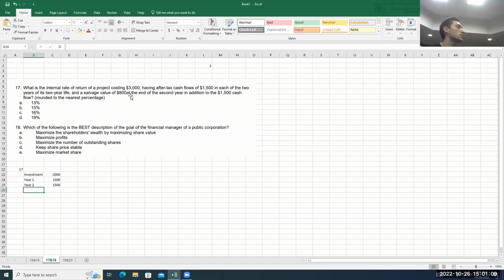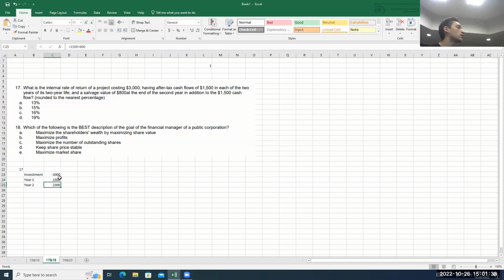So we're going to add this $800 to the second year, because that's when they tell us it's given to us. It also says in addition, so we're clearly supposed to add it to the second year. So we'll add the 1,500 plus the 800. And that'll give us 2,300 for year two.